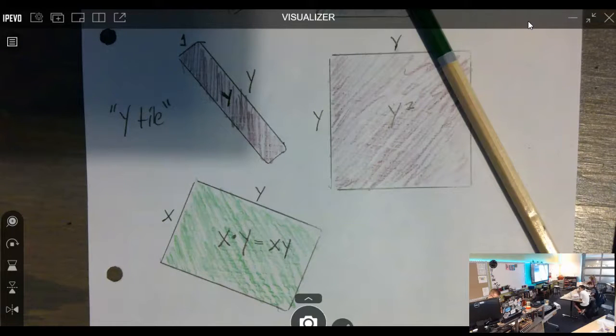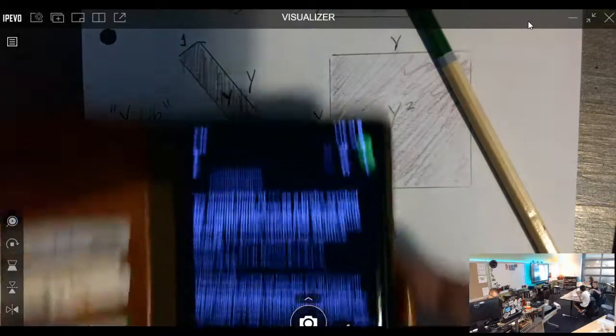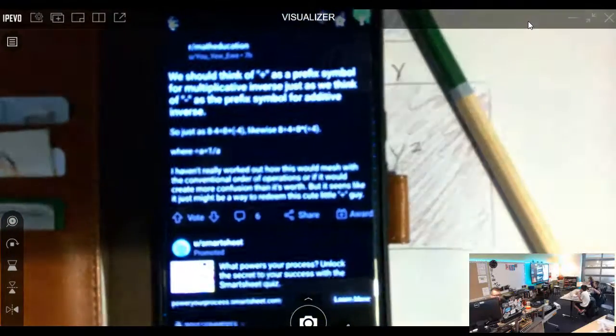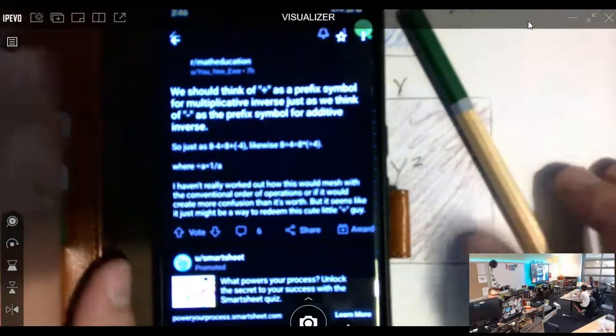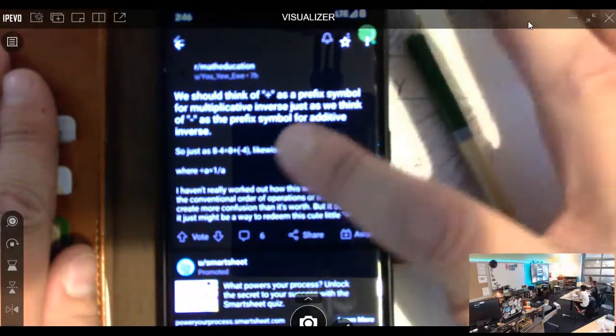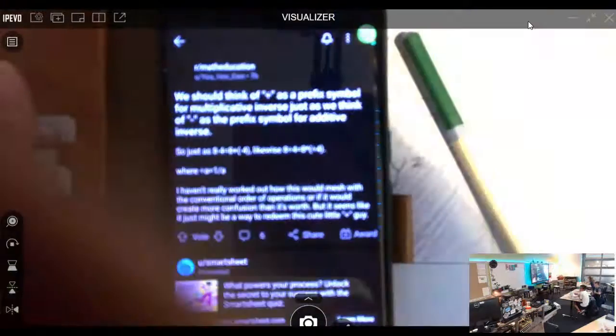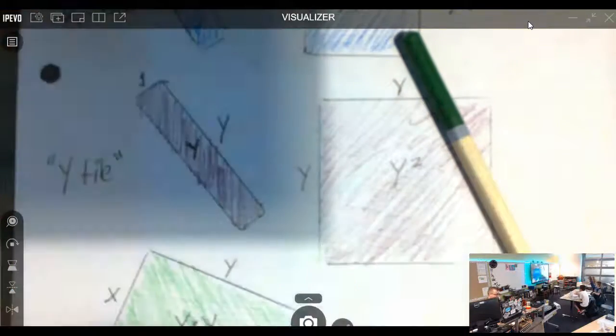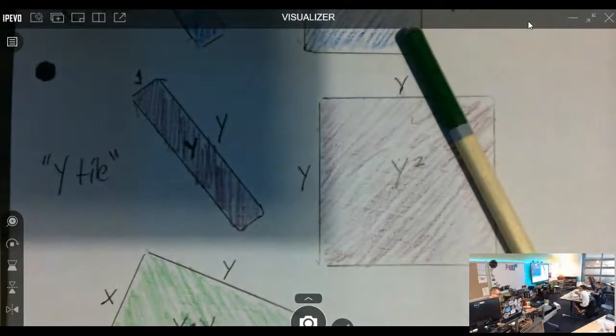Okay, this says we should think of the division symbol as a prefix symbol for multiplicative inverse.